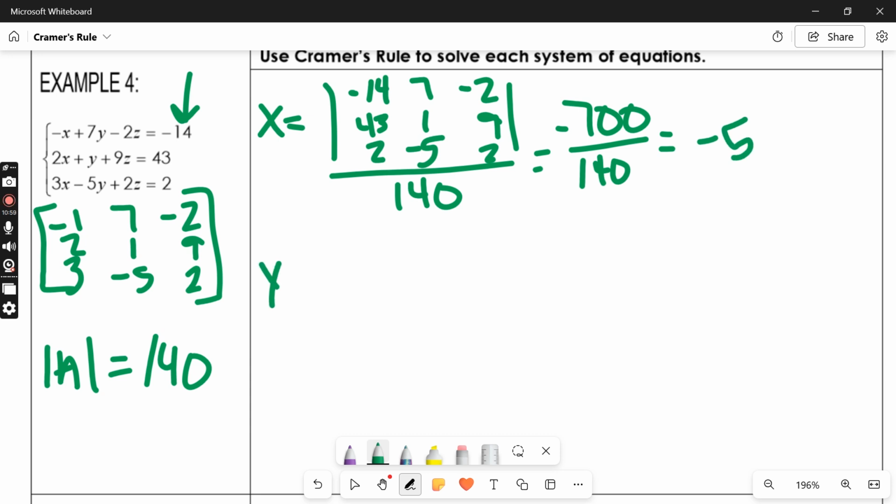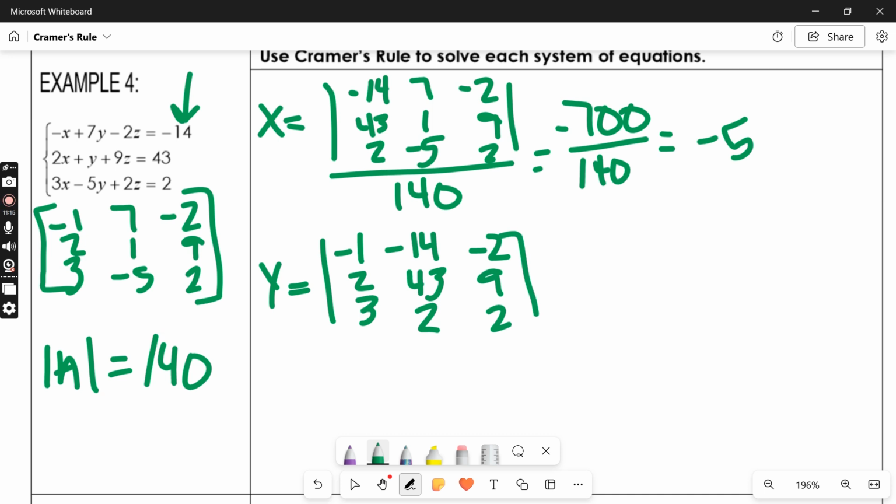Okay, then I'm going to find y. I'm going to leave the x values for my coefficient matrix alone. This time I'm replacing the y values, all over 140.